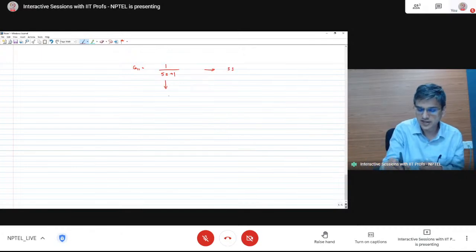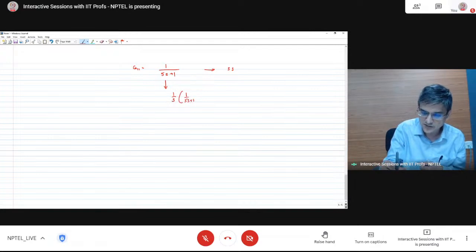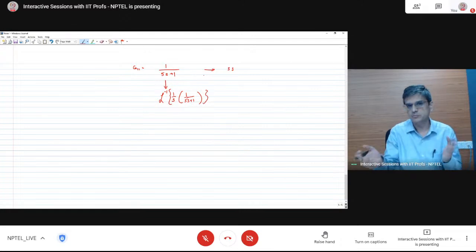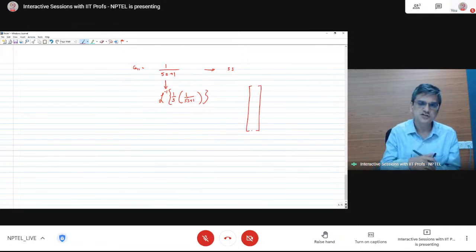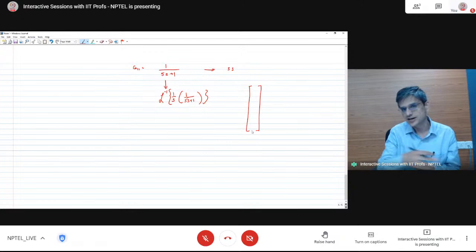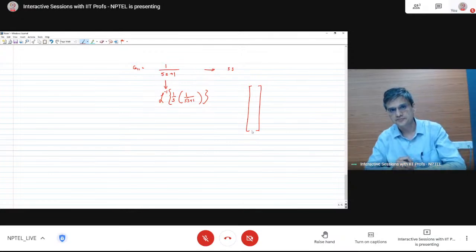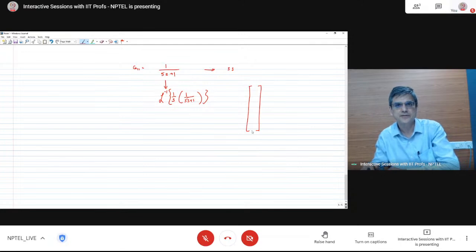If you want to get a step response model, you do 1 divided by s times 1 by 5s plus 1, take the Laplace inverse of this, split it into partial fractions, and you get the S matrix entry. Do that again for G12, again for G13, again for each of those 100 transfer functions, and then put all of these together. So if your question is how do you do this, this is really the primary way that you do this.